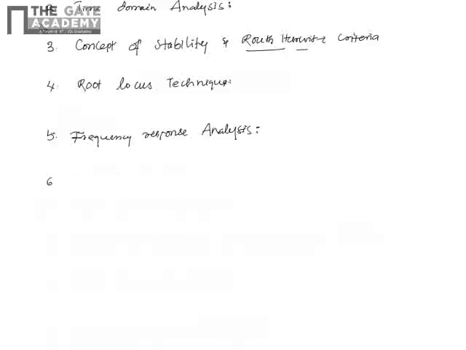The next unit is compensators and controllers. Why do we have to use compensators or controllers? There are two methods to improve the system performance or response.